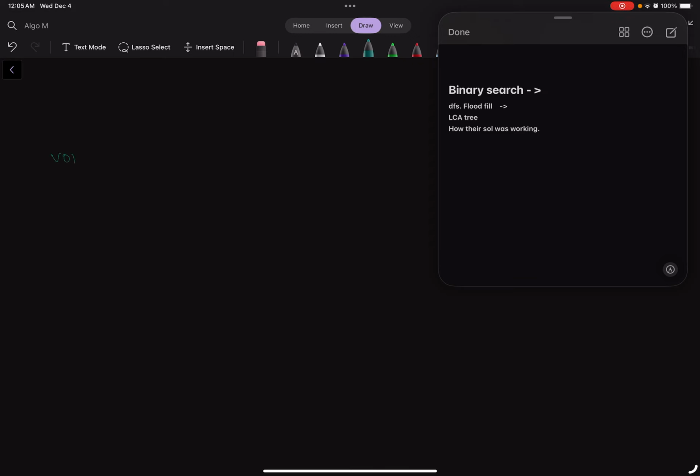Not void actually, int. This will take int right side, left side, and target and array. Okay, so first we will be creating mid, right?